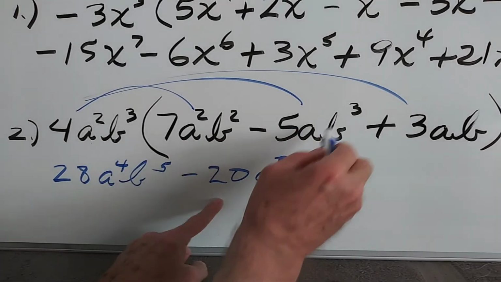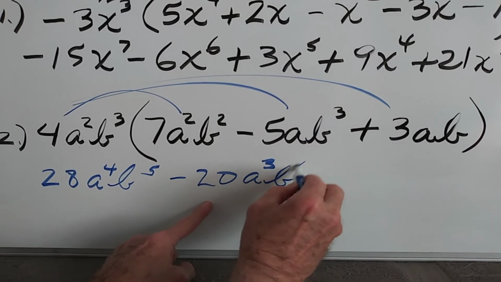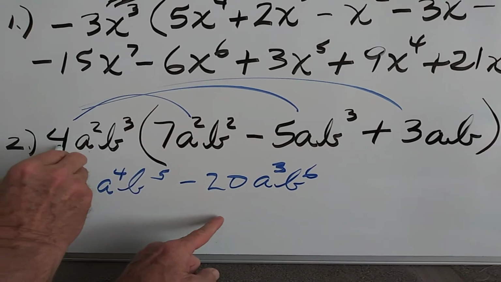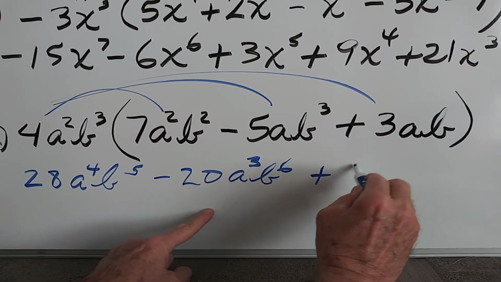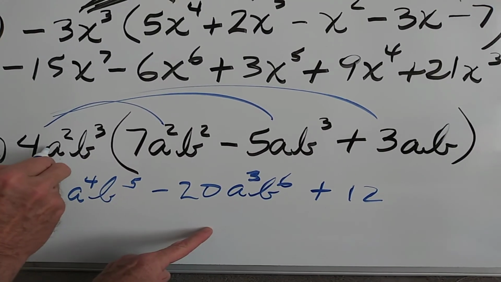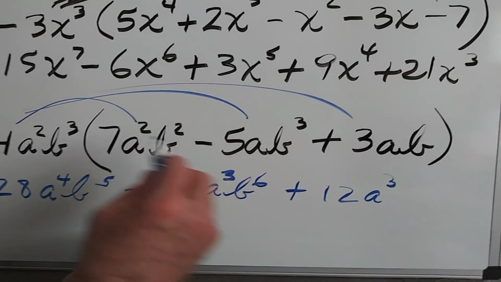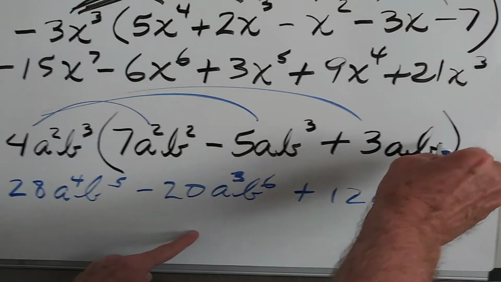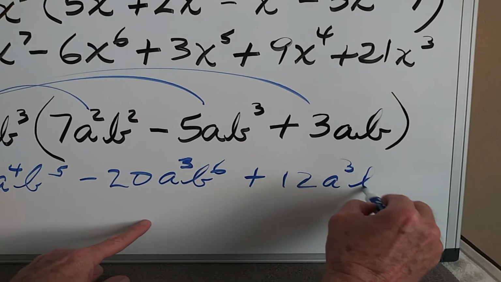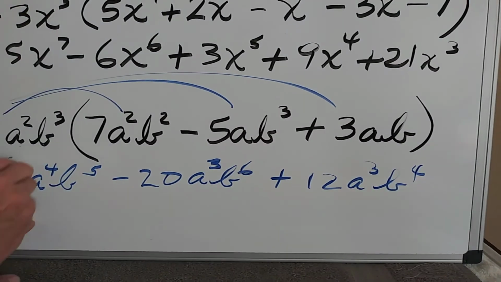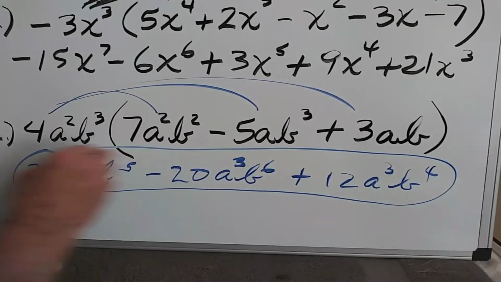B to the third times b to the third, b to the sixth. And then positive times positive, a positive 12. A to the second times a to the 1 would be a to the third. And b to the third times b to the first, add those exponents, we'll have b to the fourth. And there's the little product for those.